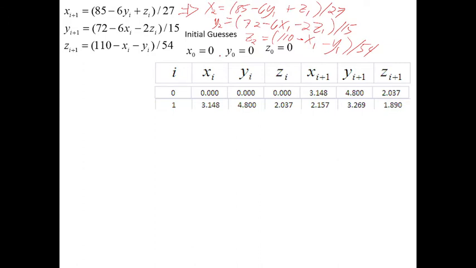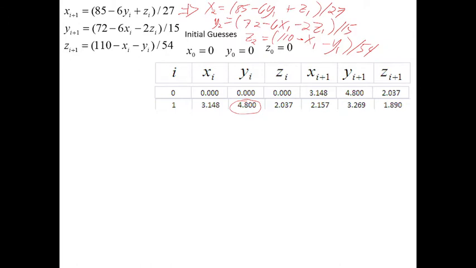So we have 85 minus 6 times y1. So this is y1, 4.8, plus z1.